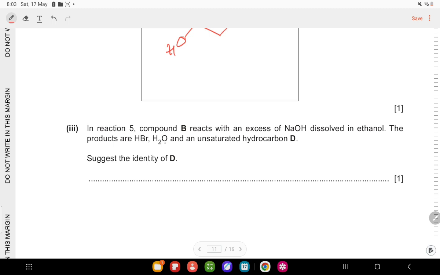In reaction 5, compound B reacts with an excess of sodium hydroxide dissolved in ethanol.